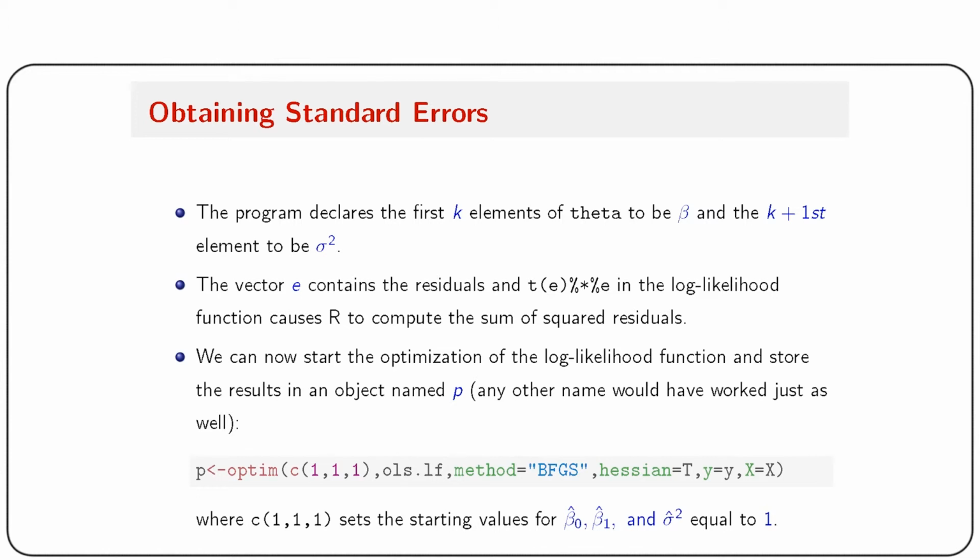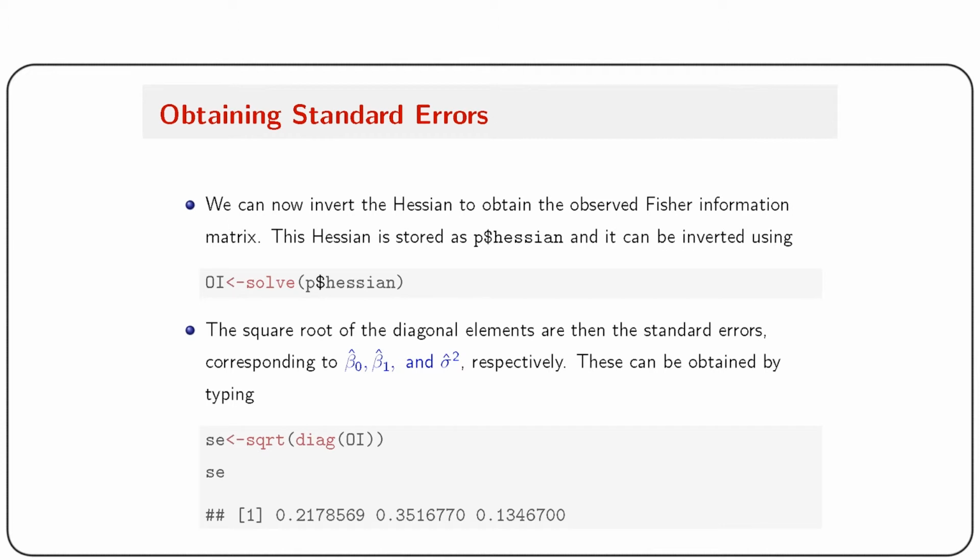We can now invert the Hessian to obtain the observed Fisher information matrix, and this Hessian is stored as P dollar Hessian. So, it can be inverted using the solve command. You have to take the inverse, say y is actually solve P dollar Hessian.